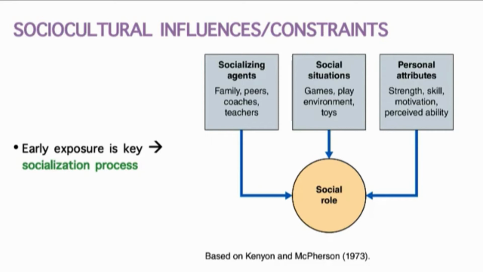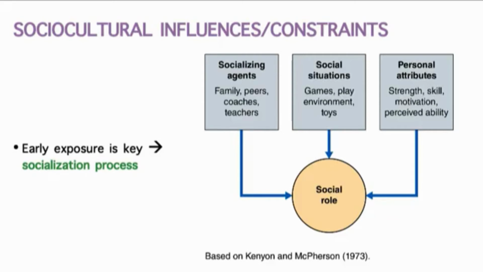So if you're playing games with people, if you have toys, what is the play environment? If you've got a playground versus a very tiny tree house, what are the tools in the environment, that type of thing. So social situations. And then the last thing that contributes to a person understanding their social role is personal attributes.